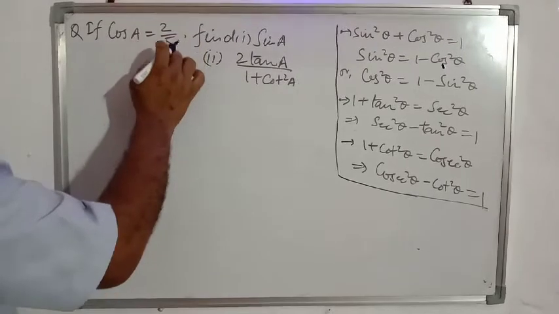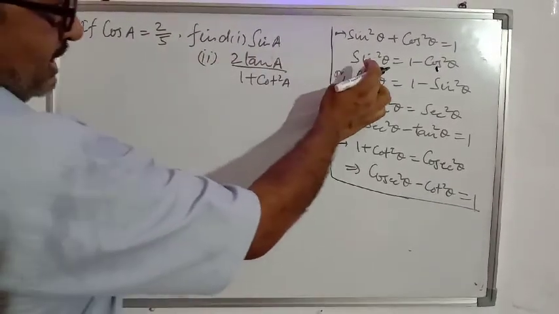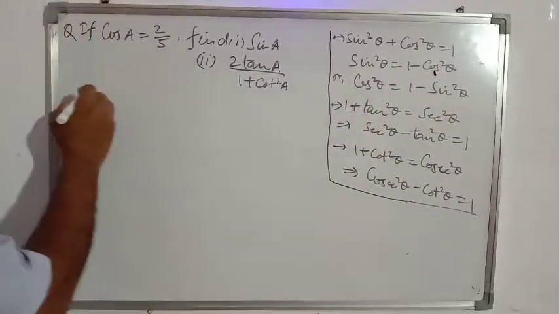So cos A is given as 2 by 5. In the first part we have to find sin A. We know that sin square theta is 1 minus cos square theta.